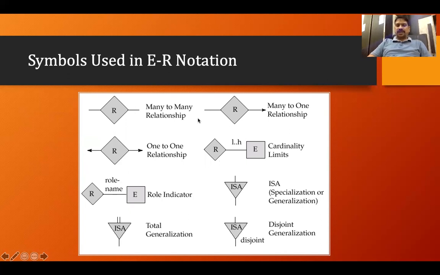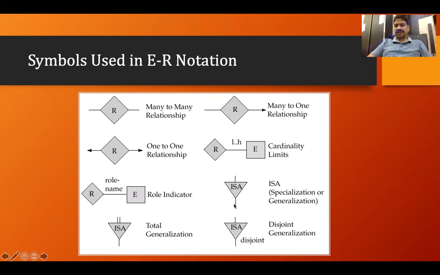Or you can make this a cardinality also. You can put a line and put the cardinality just above the line, so 1 to h, meaning 1 to many relationship in that way. Role names also you can write in between. About that also we'll see later on.